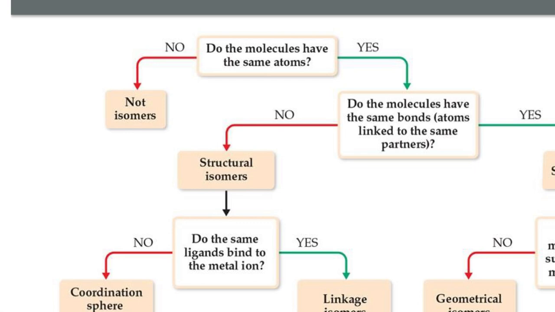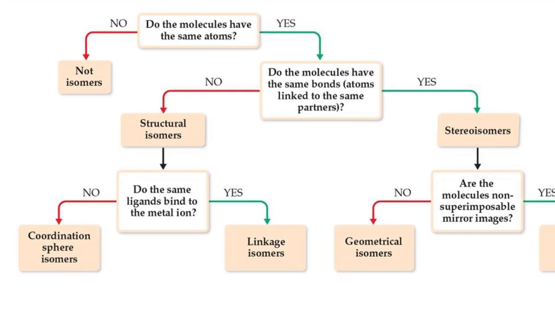If they do have the same types of atoms, then yes, we could possibly have an isomer. If they have the same bonds, meaning the atoms are linked in the same way, no changes with the central metal atom, then we have stereoisomers. If those atoms aren't linked in the same way, then we have structural isomers.